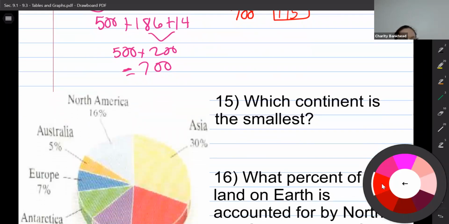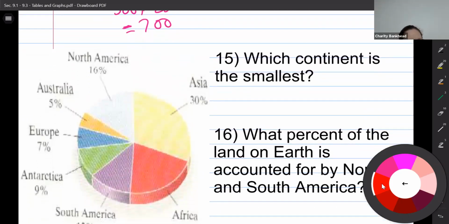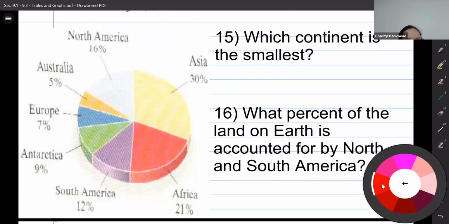Okay, and the next pie chart is showing the percent of the Earth's landmass that's taken up by each continent. So which continent is the smallest? That's going to be Australia.